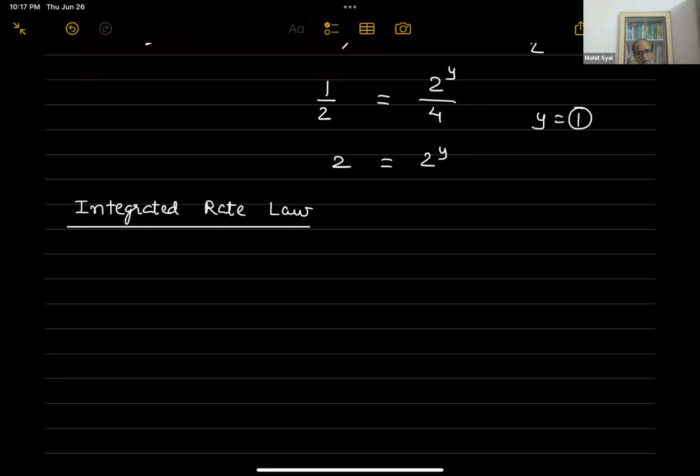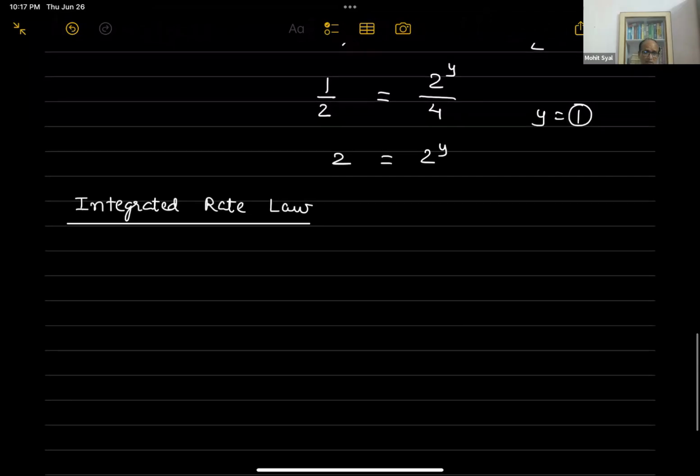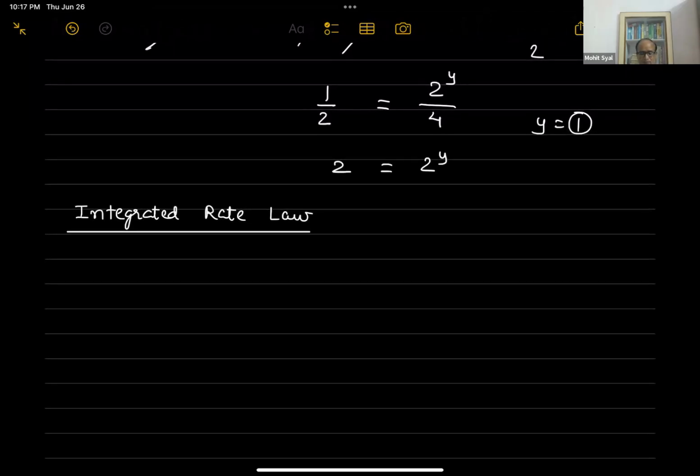You can also predict when the reaction is going to get completed, that is the time for 100% completion. And you can also predict the time for 50% completion, which is the half-life. You can also predict how the concentration is changing throughout the progress of the reaction.